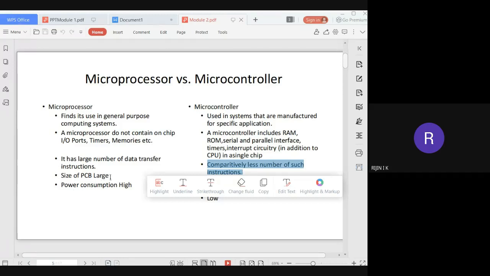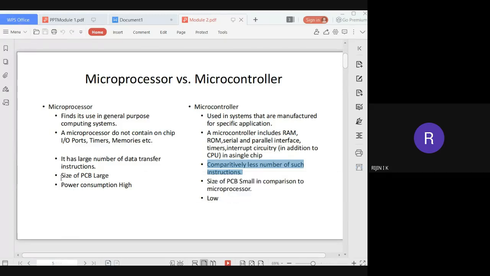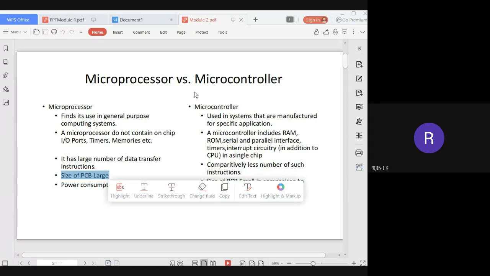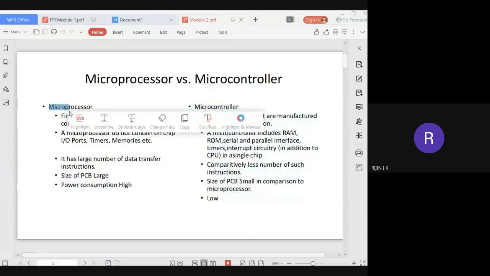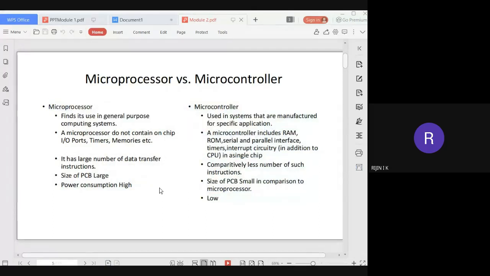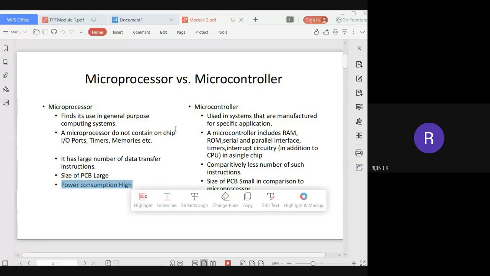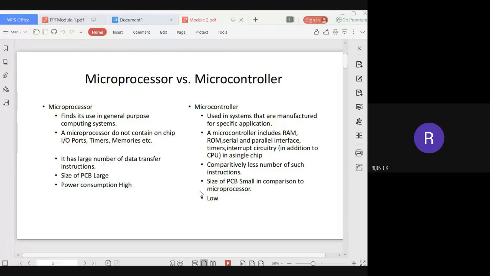The PCB size is large in a microprocessor but small in a microcontroller. Power consumption is high in a microprocessor, but low in a microcontroller. This is the basics about microcontrollers.